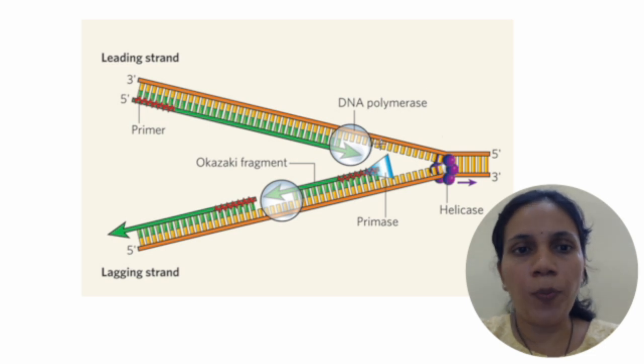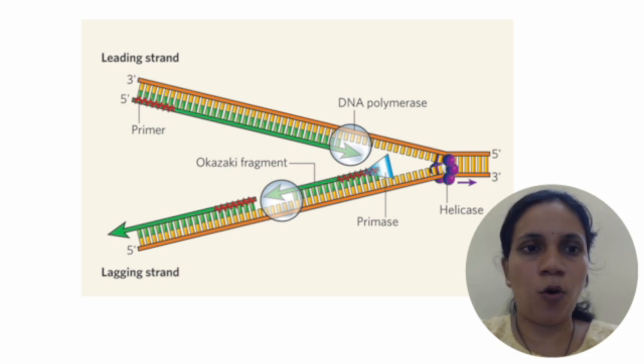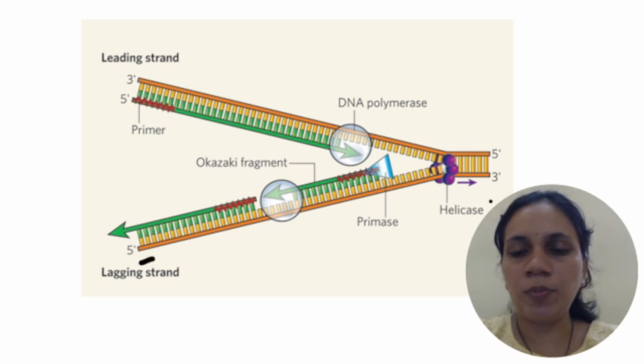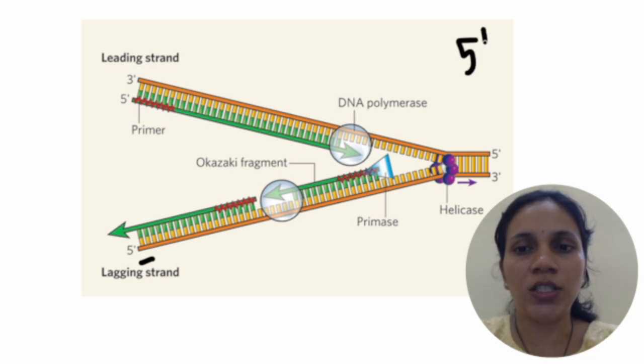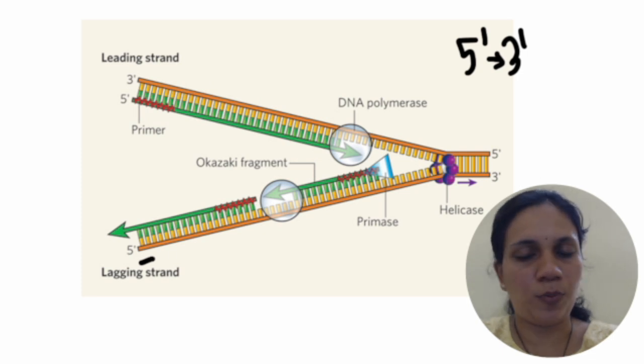So when it is opening, we have two strands formed. One is with the 3 prime 5 prime direction, and the second is with the 5 prime 3 prime direction. Fine. Now here, the DNA dependent DNA polymerase enzyme, we know, works only in one direction, that is the 5 prime 3 prime direction. So we have two strands, one with 3 prime 5 prime and the second in 5 prime 3 prime.